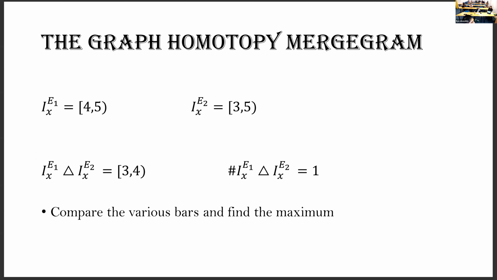The symmetric difference, meaning this interval union that interval, set minus their intersection, is given as 3, 4. The length of that interval, 3, 4, is just 1. So to this term x, we associate the distance 1. Then we compare the various bars, and we find the maximum distance of intervals. That's how we describe distance between graph homotopy mergegrams.